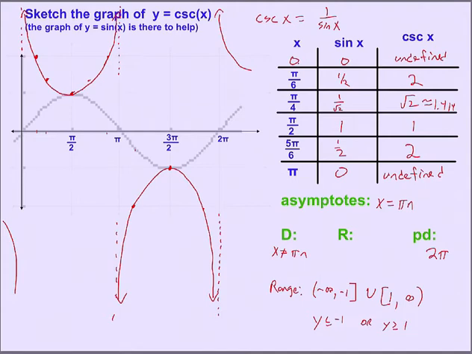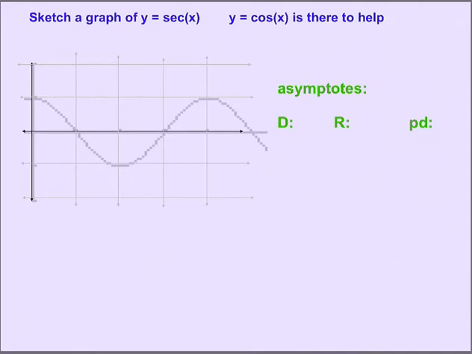And our graph for secant is going to be just about the same thing, because remember, secant is the reciprocal of cosine, so the graph is going to be the same as the graph of cosecant, just a little bit moved over to the side.